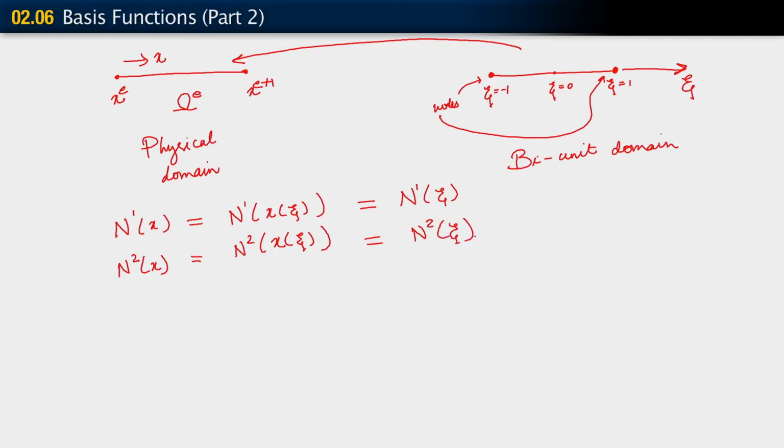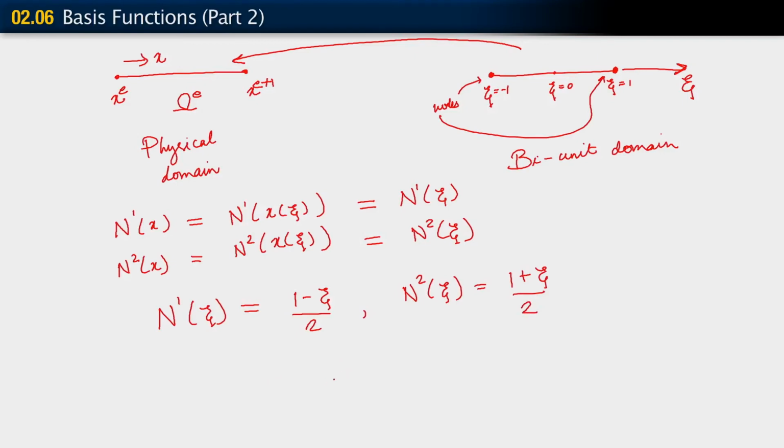All right. So now that we are in this bi-unit domain, it becomes very convenient to write out our basis functions. Here they are. N1 of xi equals 1 minus xi divided by 2, and N2 of xi equals 1 plus xi divided by 2.